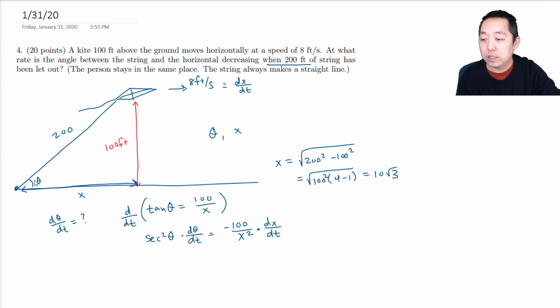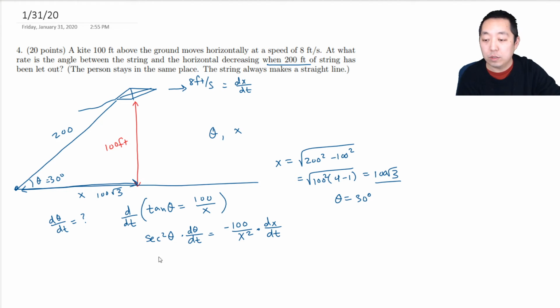I think that makes sense because if this is 100 and this is 200, then this is a 30-60-90 triangle, right? Sorry, it should have been 100 root 3. And then that makes this 30 degrees, by the way. So I know my angle now. My x is this. My angle is 30 degrees.